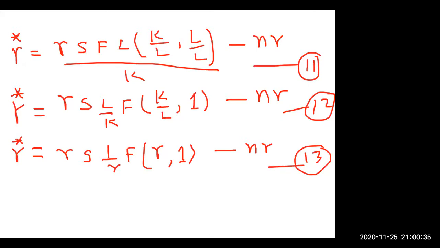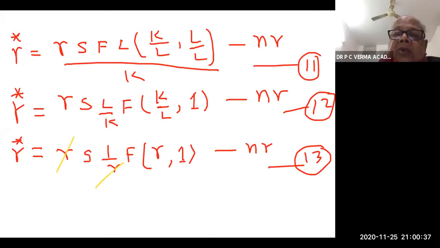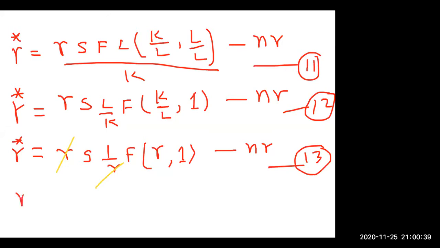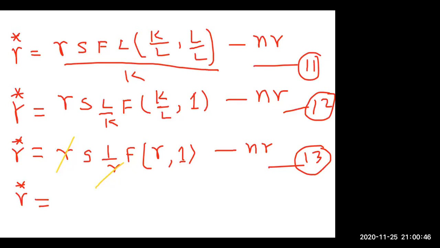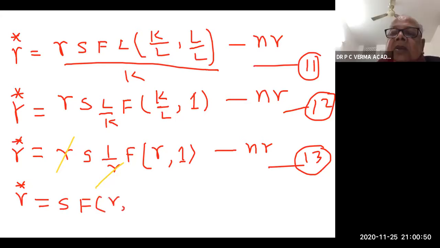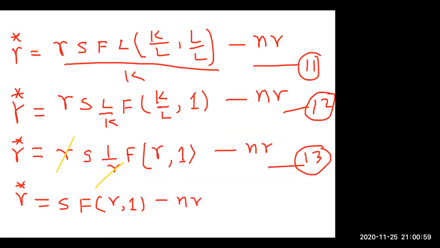Then we get the Solow equation: R star equals S F R, 1, minus NR. Very interesting. Therefore, this is the first equation what we have learned. Proved.